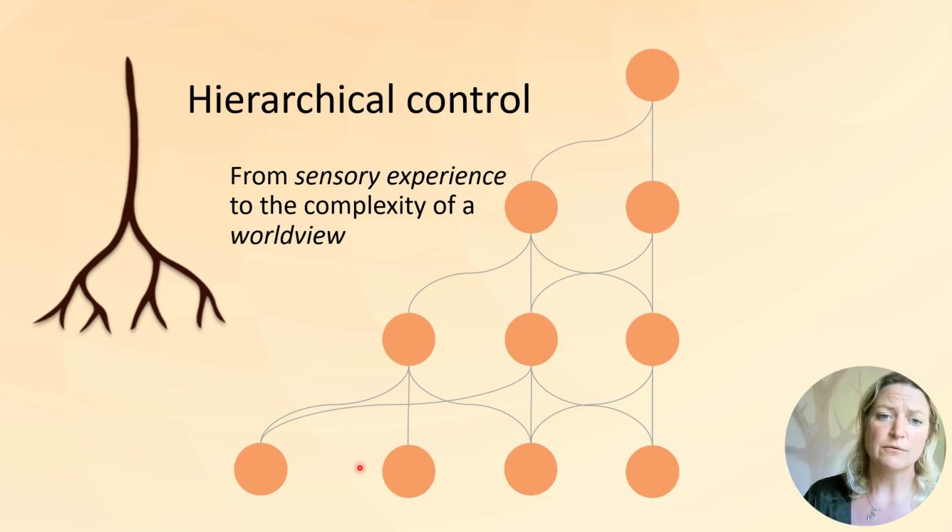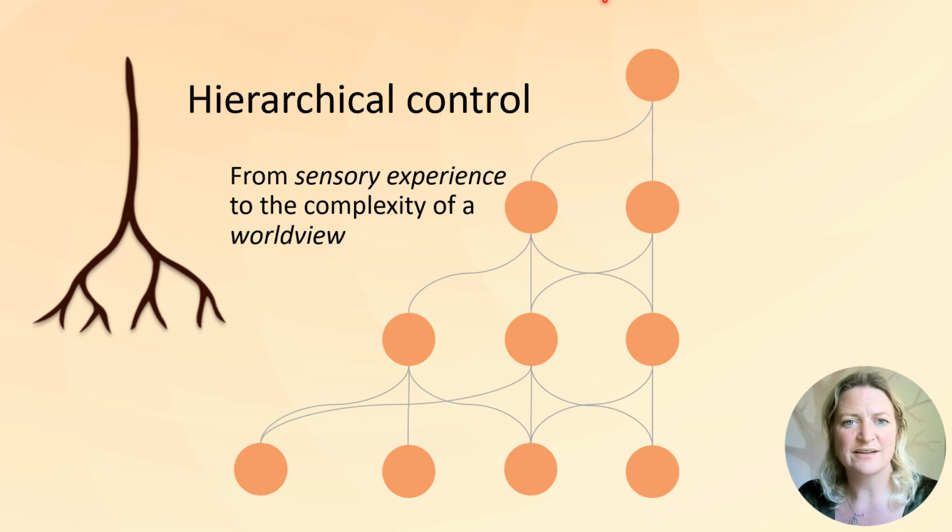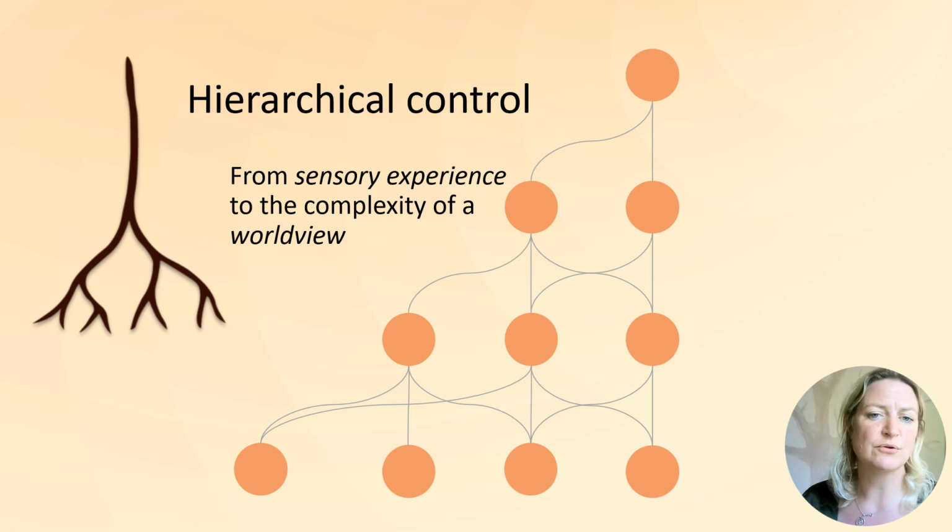Higher level perceptions consist of combinations of all the lower level perceptions. That's how we form complex concepts and abstract ideas, like understanding this theory. Higher levels set the reference signals for lower levels, so they create a cascading effect that allows us to pursue complex goals while managing countless lower level perceptions at our desired state.